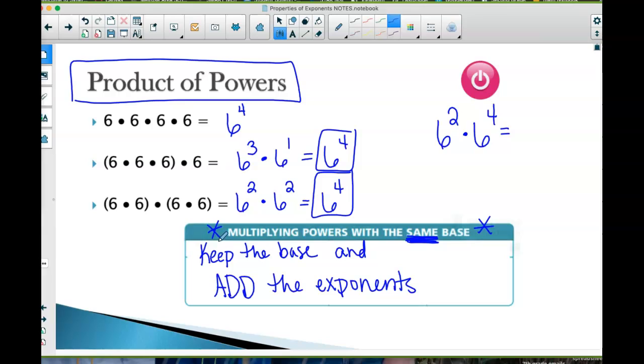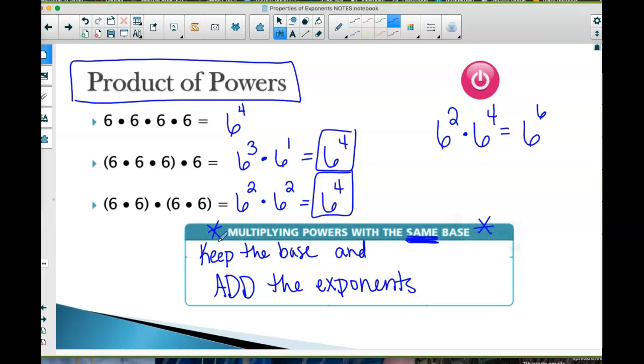They're both 6's. And if I'm asking you to write it as 1 power, yes, Hannah, go ahead. You're just going to add the exponents. So you're going to keep the base and add the exponents. 2 plus 4 is 6. So it's 6 to the 6th power.